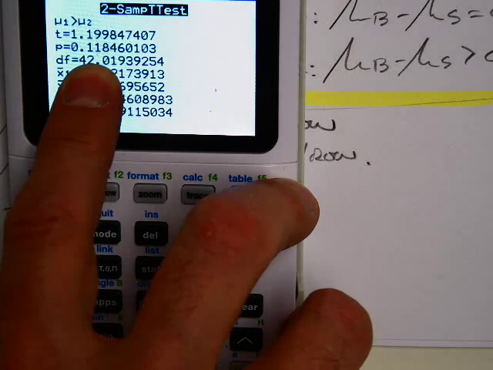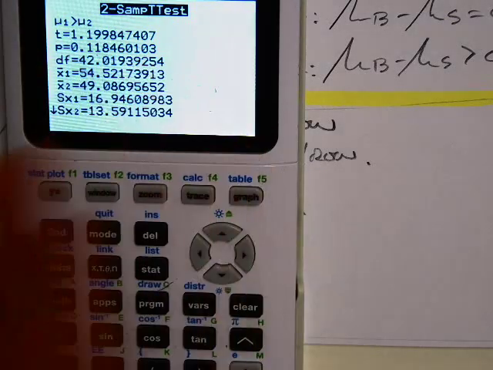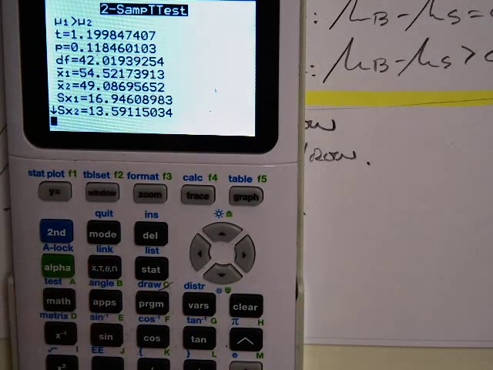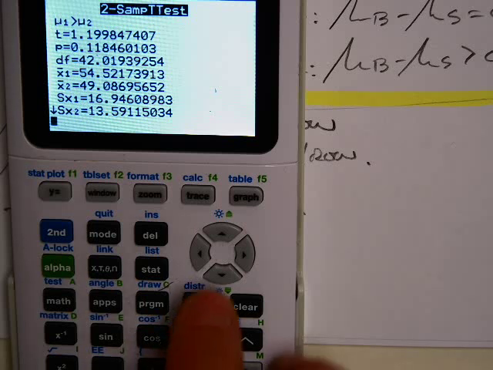Now I'm just curious here. We have the difference. Maybe you didn't put it in the calculator, but I did. I have the difference of the two. I wonder if I took that difference and just did a t-test, if I would get the same value. Let's check it.